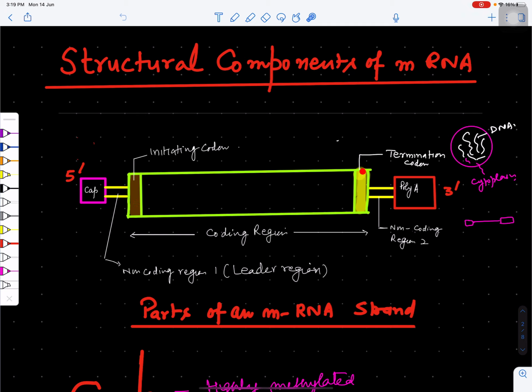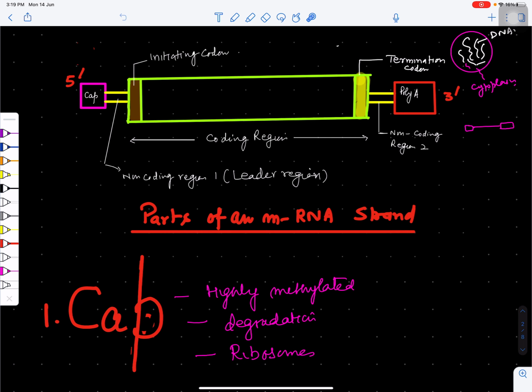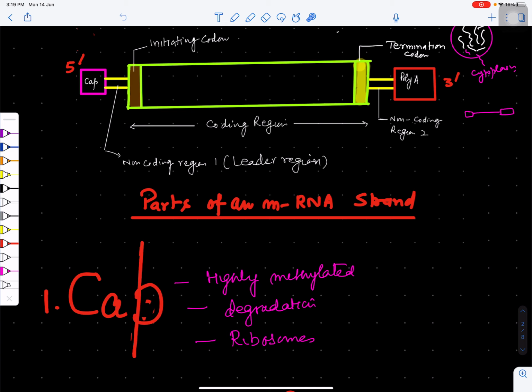This is the termination codon because it will help in termination of the polypeptide chain formation. Non-coding region 1 is also called the leader region, and non-coding region 2 is also called the trailer region. Now we'll study all the parts one by one. This is the cap part, which is present at the 5 prime end.